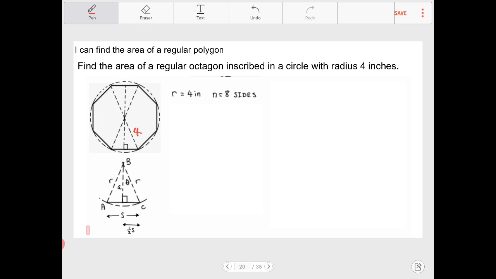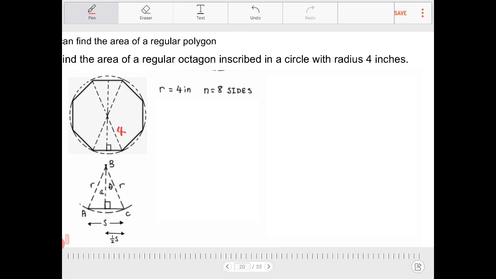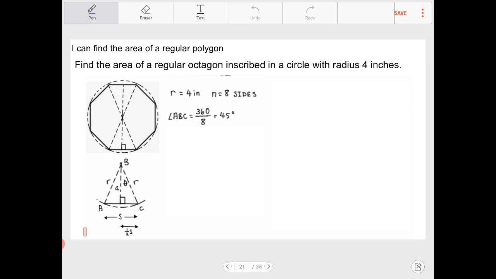Theta, in this case, is going to be half of 45, so it's 22.5.